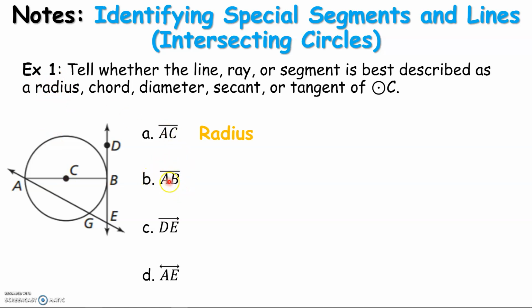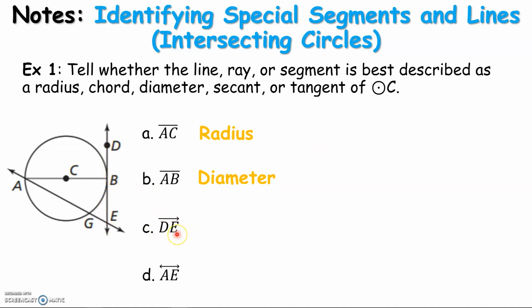Now let's look at part B, segment AB. A is on this edge of the circle, B is on the other side of the circle, and AB goes through the center of the circle. AB must be defined as the diameter. Part C, ray DE. Ray DE touches the circle at point B and only touches the circle once.